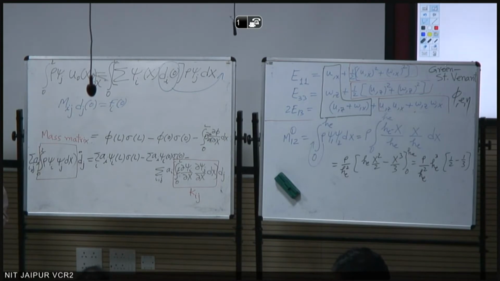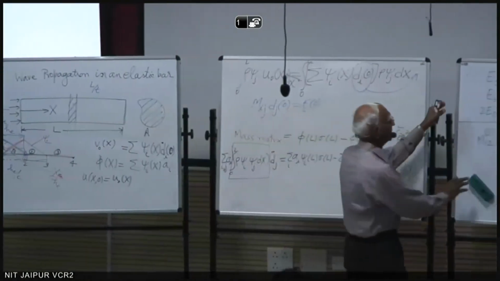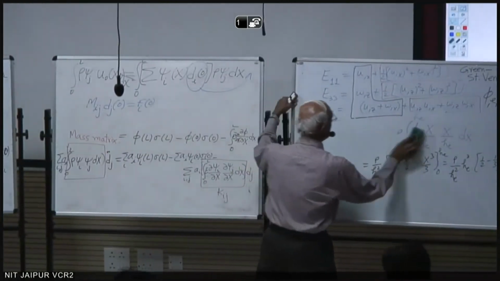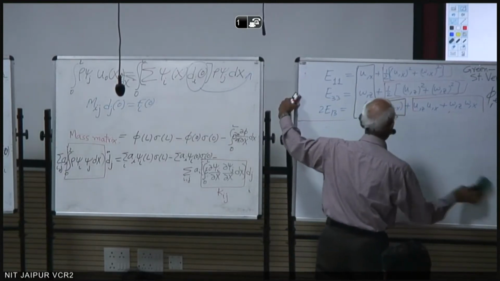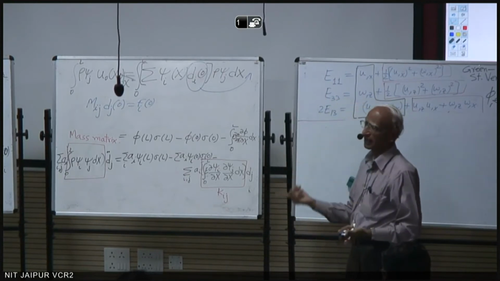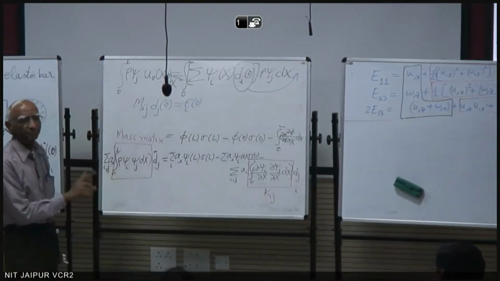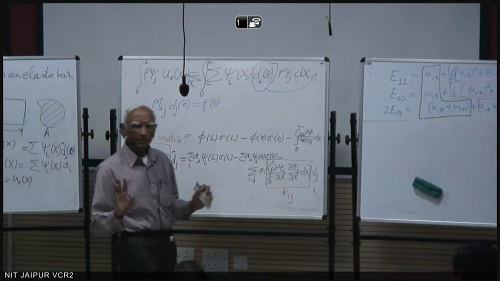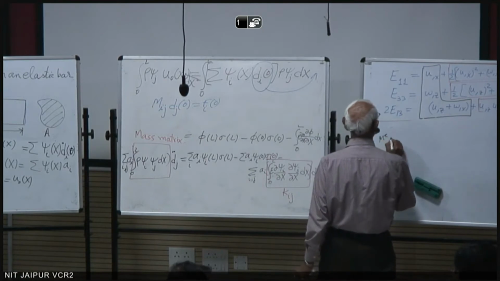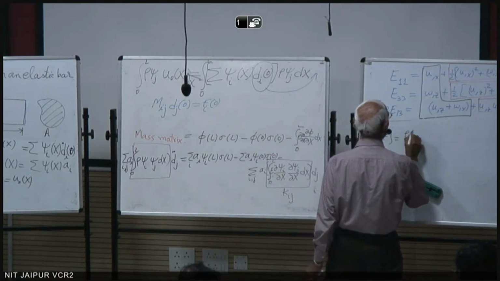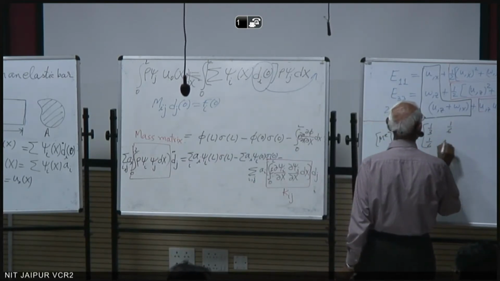So M is symmetric, so I don't need to find M21. If you interchange I and J, same. Now M22, believe me, same as M11. So the mass matrix is rho HE times 1/3, 1/6, 1/6, 1/3.